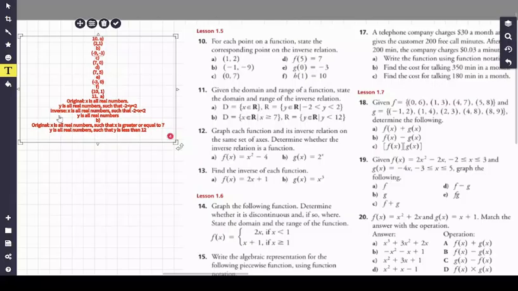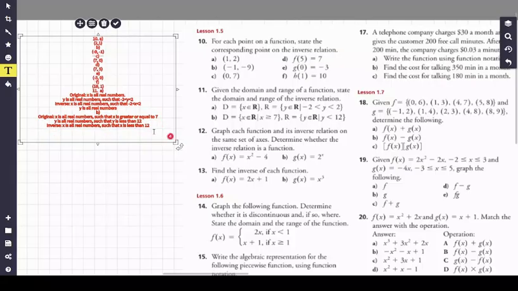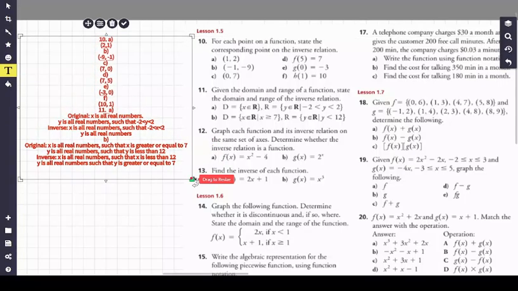After we switch it to the inverse, this additional requirement for y should become the additional requirement for x. So now x is all real numbers such that x is less than 12, and y is all real numbers such that y is greater than or equal to 7. So these inverse functions are really simple. It's basically just switching the x and y around. And let's go ahead and get on to number 12.